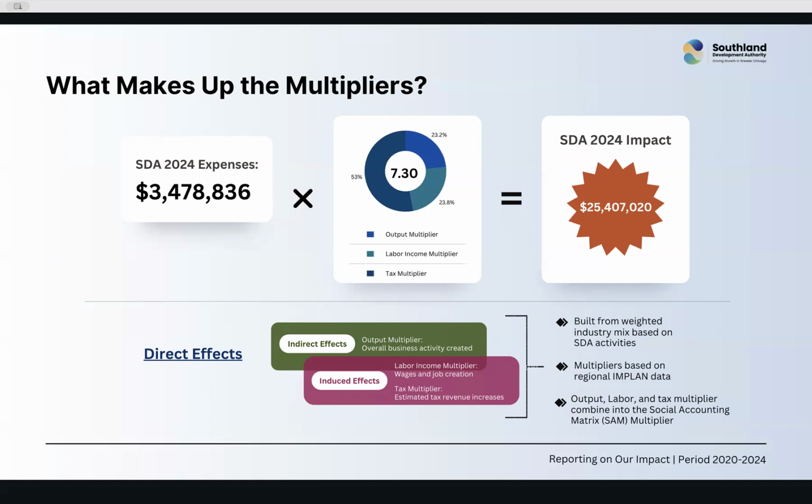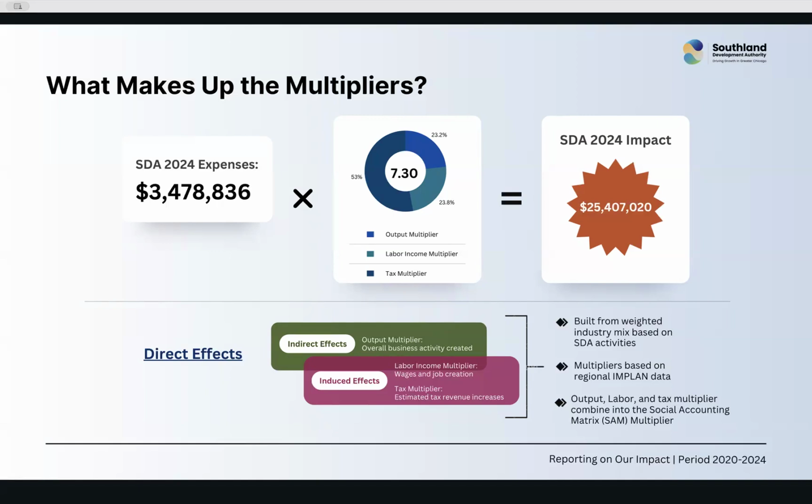The output multiplier captures the total business activity generated by our spending. Meanwhile, the labor income multiplier measures how much additional income, such as wages and salaries, is created for workers.